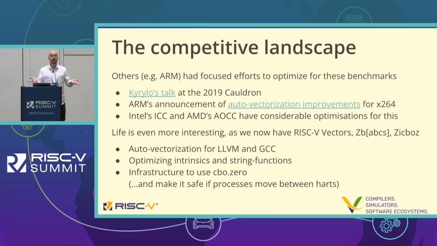They announced auto-vectorization improvements for X264 in a public blog. There's recently been going on an effort to implement patches and improvements on LLVM for SPEC. That is being upstreamed through one of the subcontractors. And of course, Intel and AMD have put considerable effort in optimizing for SPEC.